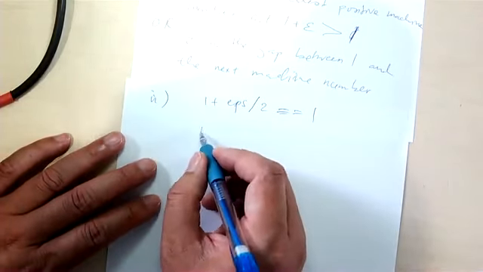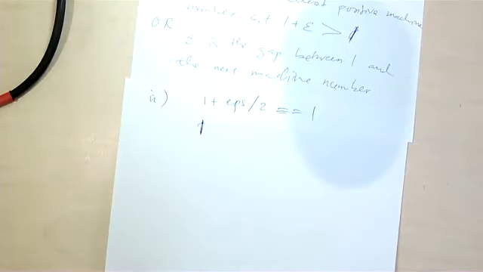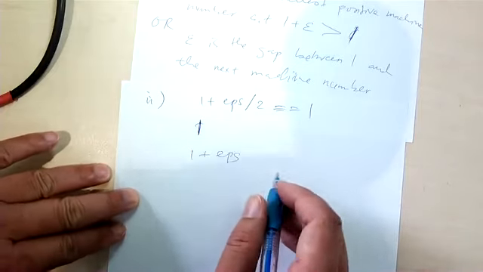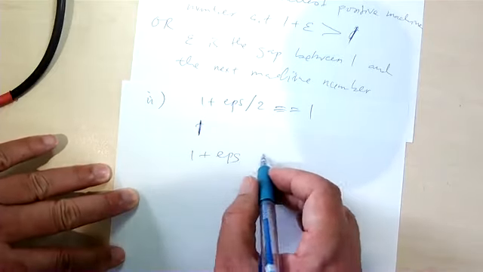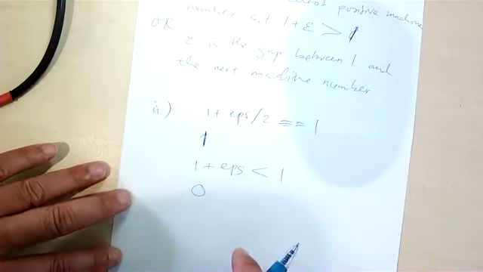This one gives you true, so it gives you 1. You just put in either 1 or true, because epsilon over 2 is something smaller than epsilon, so it's considered to be 0. And then 1 plus epsilon should be bigger than 1, so this one will be false. So this one, double check with MATLAB, okay?